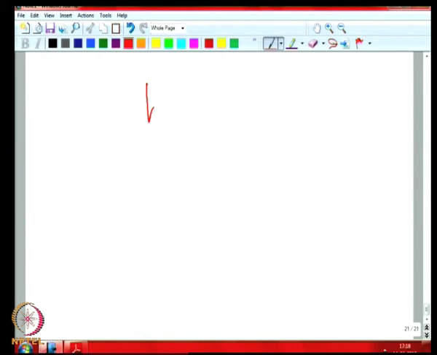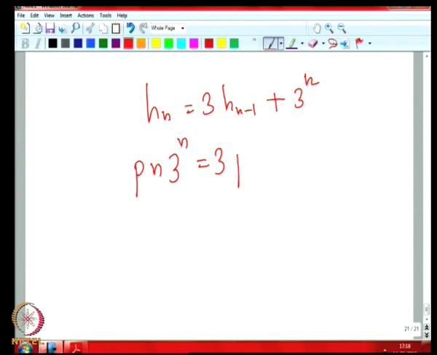So, now h_n equal to 3 times h_(n-1) plus 3 raised to n will become p into n into 3 raised to n equal to 3 into p into (n minus 1) into 3 raised to n minus 1 plus 3 raised to n. Now, we can cancel off all the 3 raised to n's here.